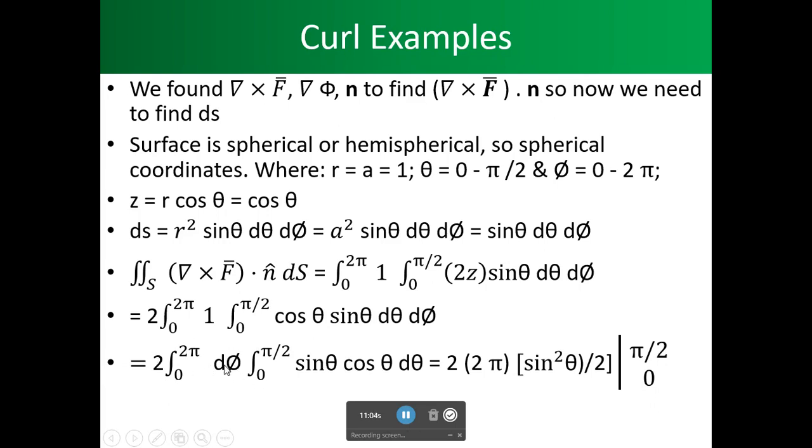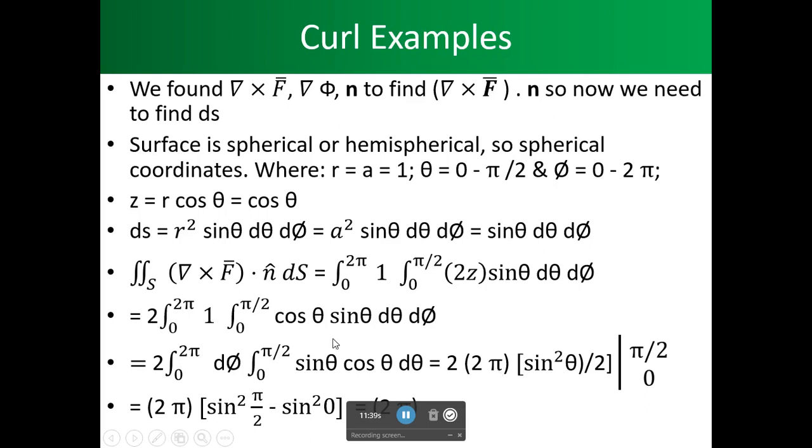We have our d phi, which will give us just 2 pi. Sorry about that. So what we have here is our sine times our cosine d theta. When we integrate d phi, it's just going to be 2 pi because the 0 goes out. So it's 2 times 2 pi.